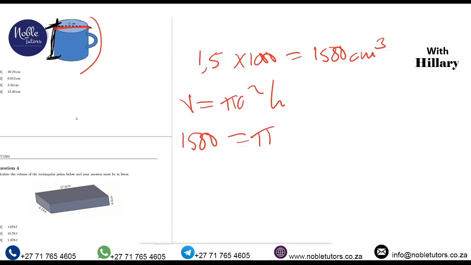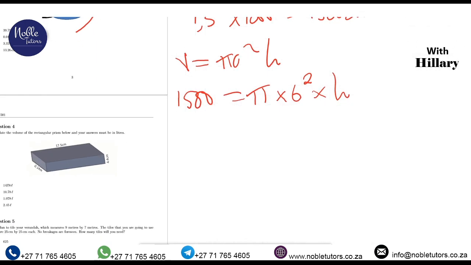So half of 12 is what? 6 squared. Then times height, which we do not have at the moment. Then we move on to say 1,500 is equals to pi times 6 squared. What do we get?